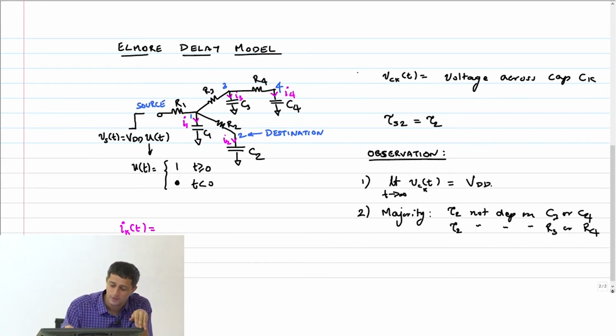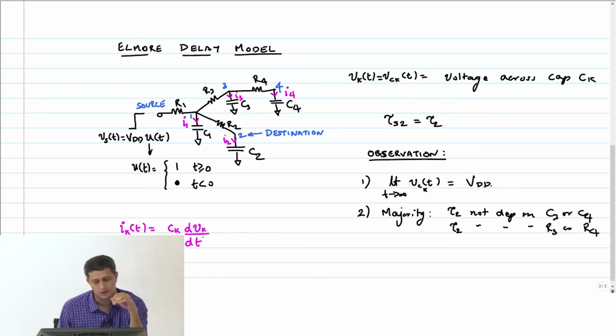I'll drop the C and call it Vk of t, just because I don't need this capacitor. In terms of Vk of t, it is Ck into dVk by dt.